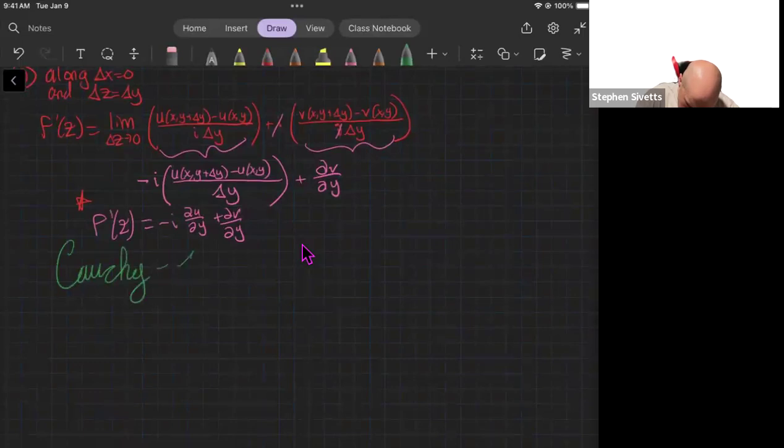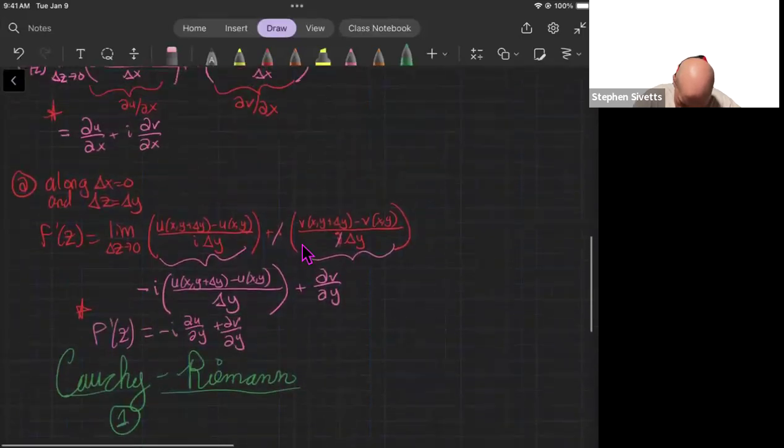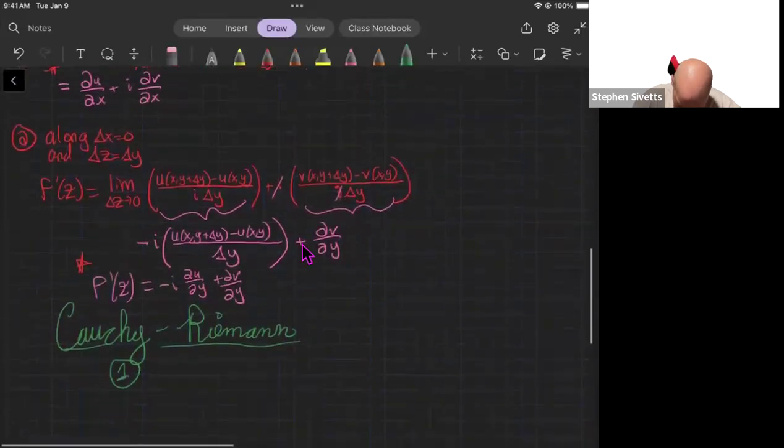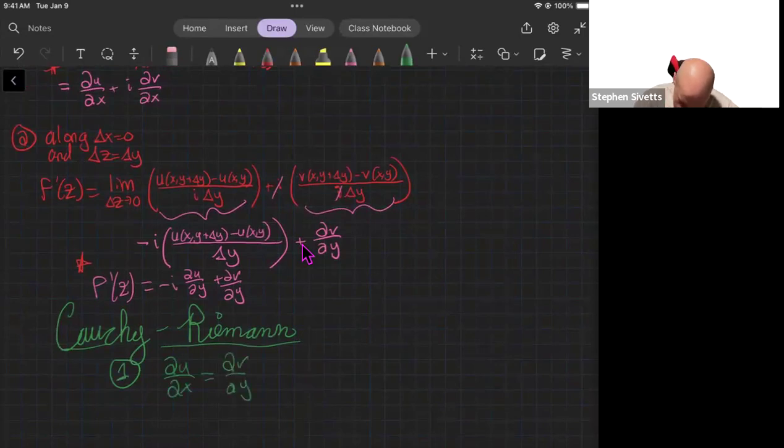So the Cauchy-Riemann equations, named after Augustin Louis Cauchy and Bernard Riemann. The first set of equations is if the real parts are equal. So we will have the partial of u with respect to x is equal to the partial of v with respect to y.